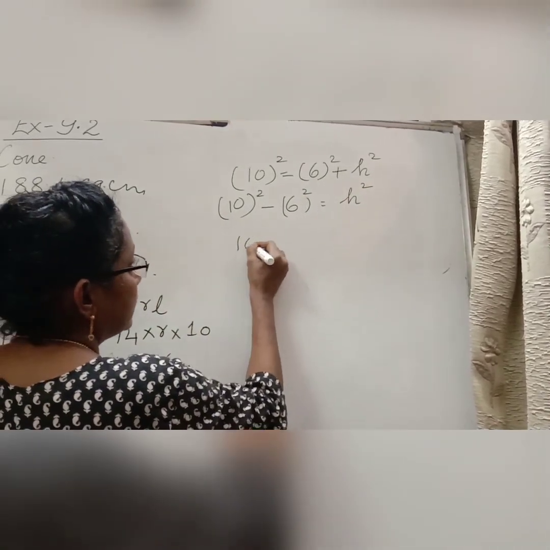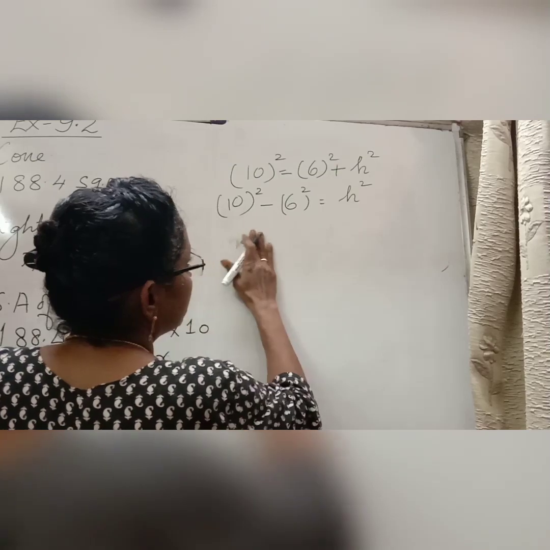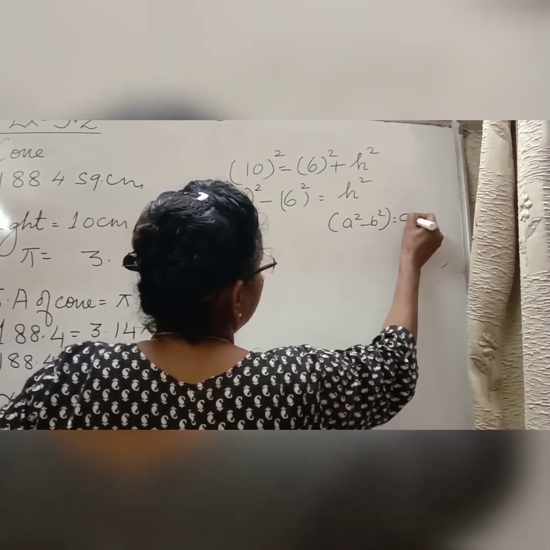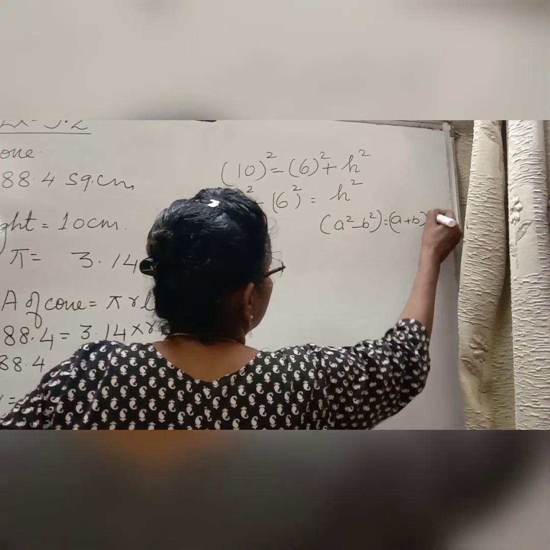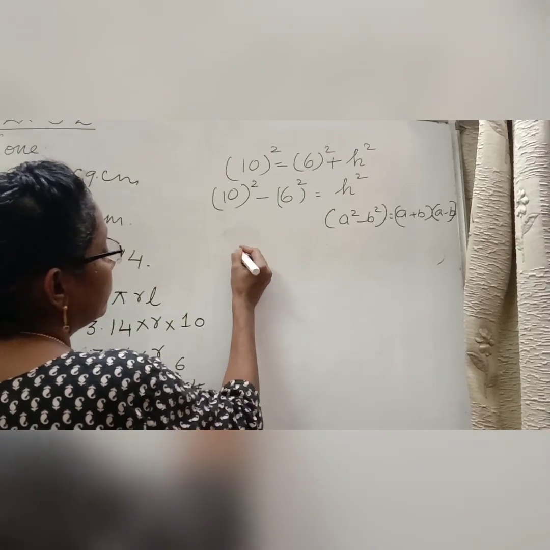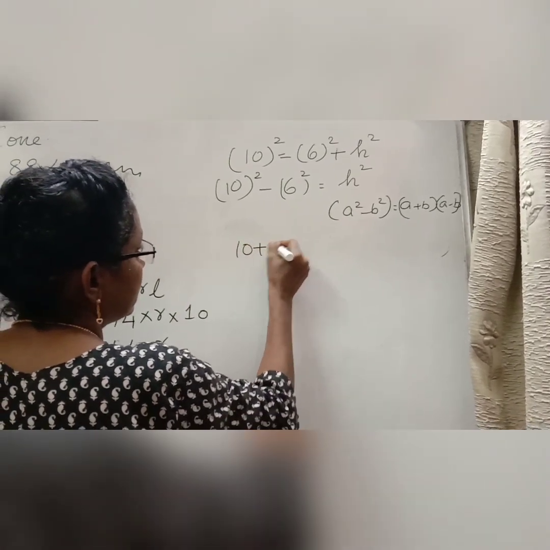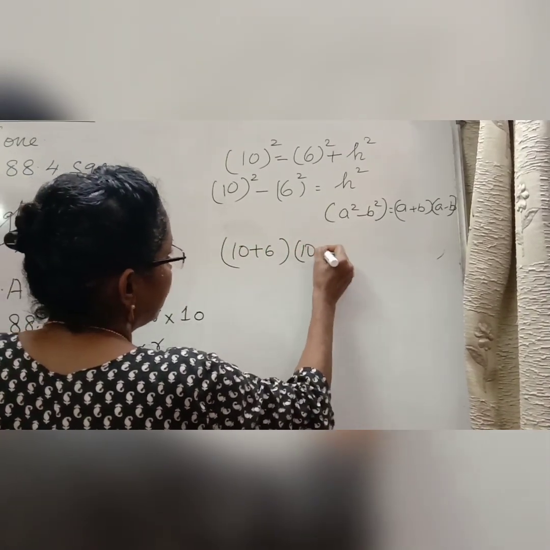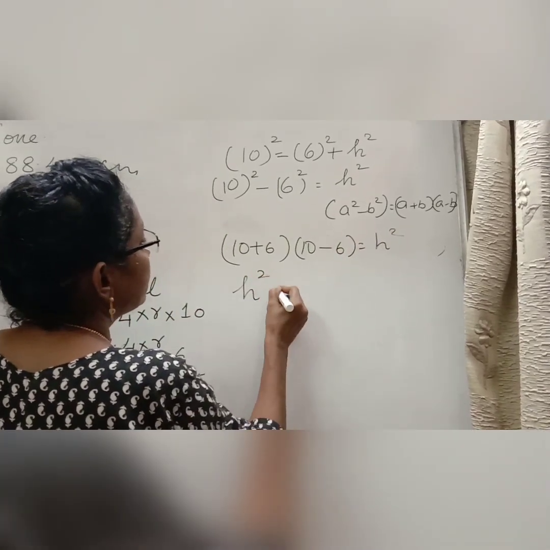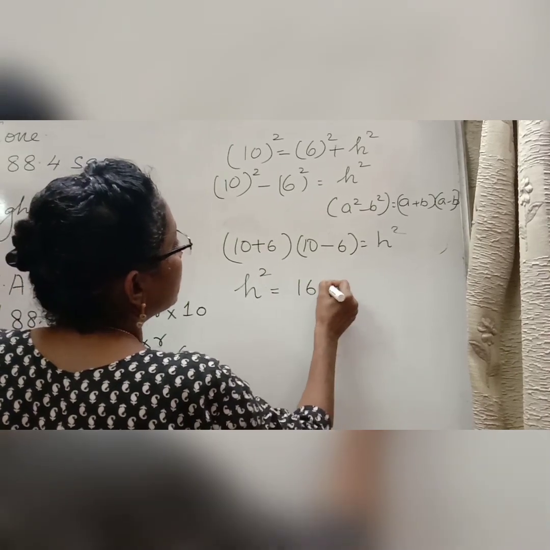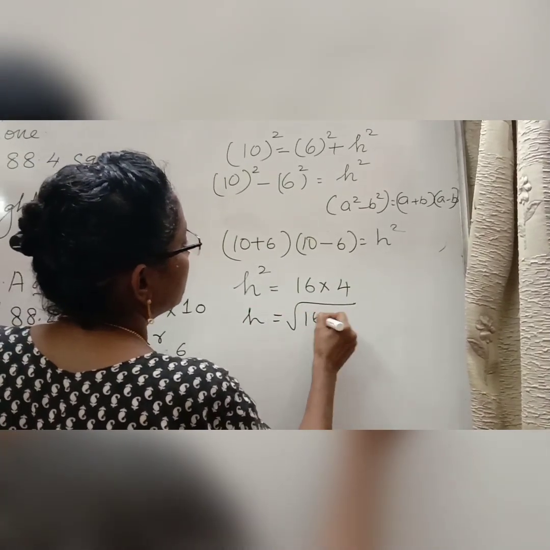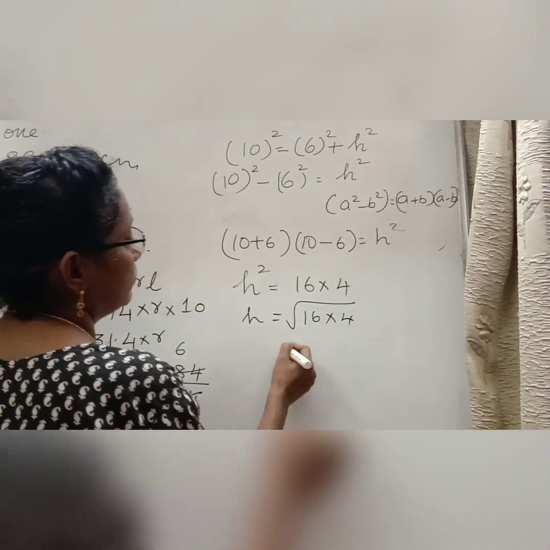So here using the formula, a square minus b square is equal to a plus b into a minus b, we have 10 plus 6 into 10 minus 6 is equal to h square. So h square is equal to 16 multiplied by 4. h is equal to under root 16 multiplied by 4.